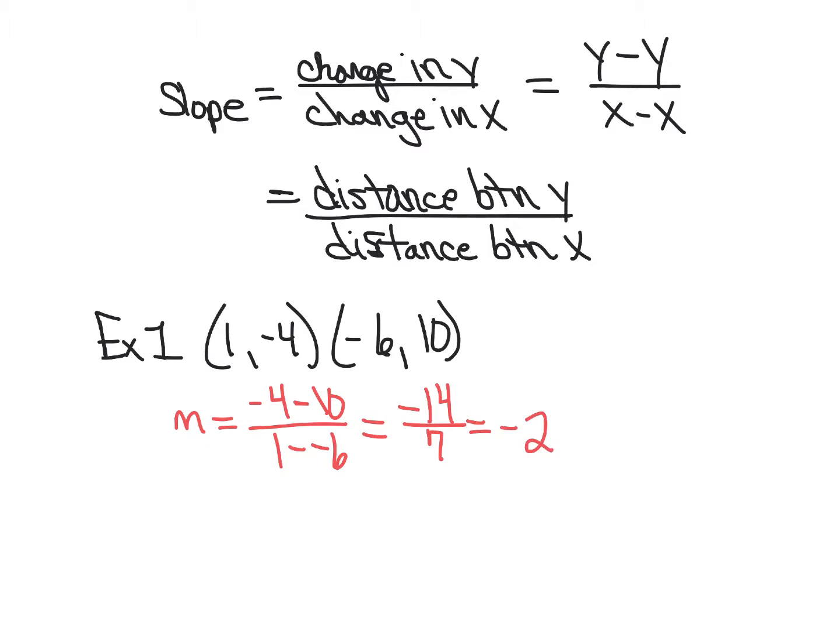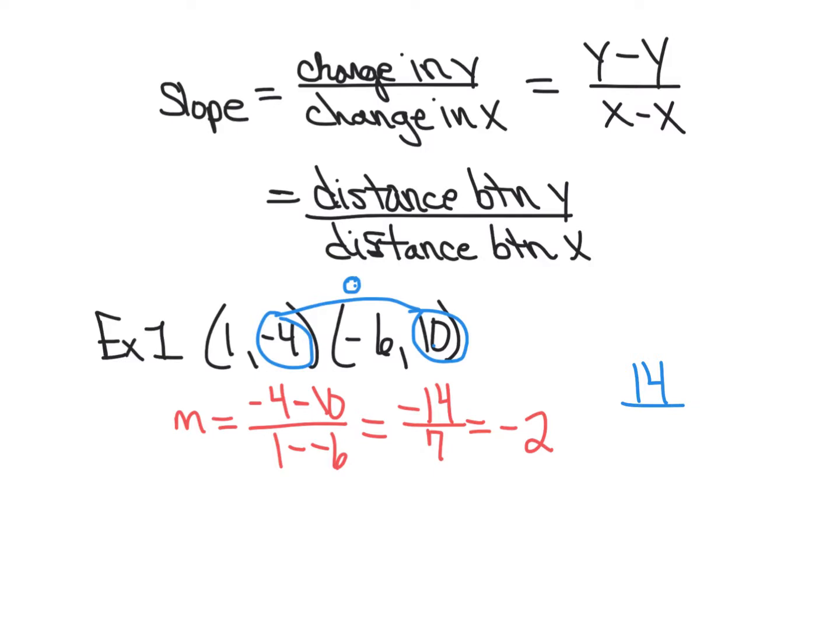And if I thought about this, what's the distance between the y's? The distance between these two y's, negative 4 and 10. If you think about that on a number line, negative 4 to 0 is 4, and 0 to 10 is 10. So the distance between those y's is 14.